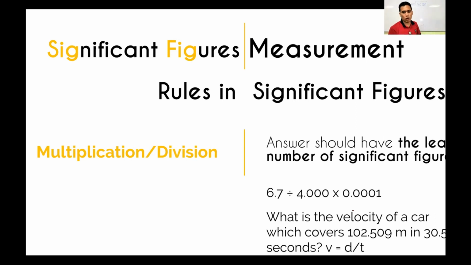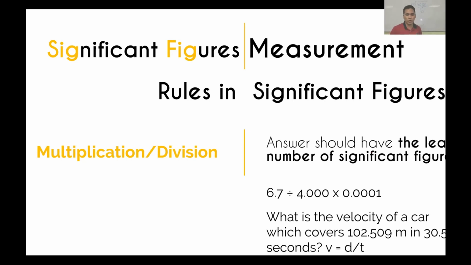So according to the rule, the answer should have the least number of significant figures. Okay. In this case, 102.509 has 6 significant figures and 30.5 has 3 significant figures.